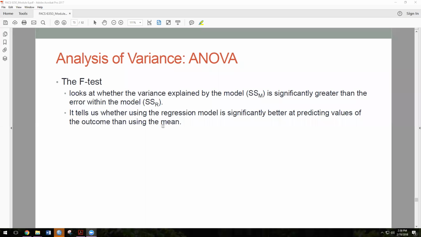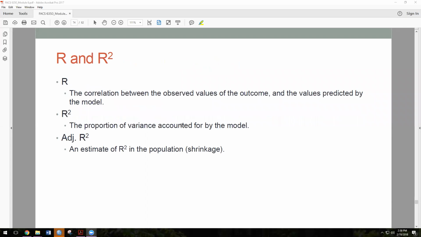But if I have this line that comes through and I hit most of my data points with this line of best fit, then I would expect that the line of best fit explains more variance than the mean. And so when I have something like an ANOVA, it's telling me that my model is significantly better than just using the mean.